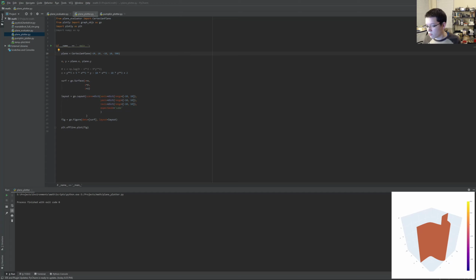I don't know what to do with this information. You don't get to see the whole picture because of the way this plot is working. I may have to change this so that you can see it. But we're going to have to change z-axis from being negative 10 to like negative 100. And that's going to be 100. And I don't need 500 points. Let's go with 50 instead.